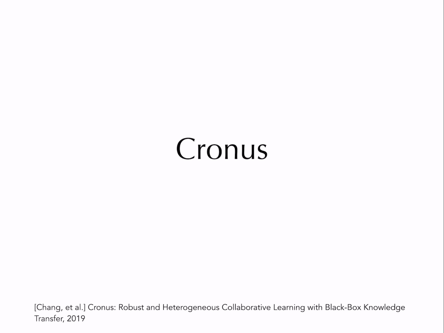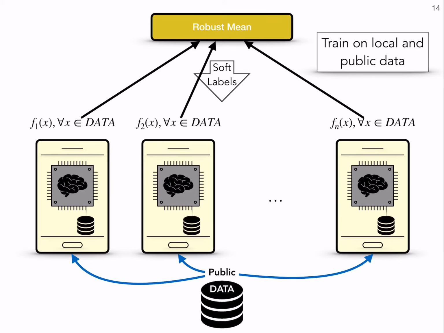I'm going to talk about another simple knowledge transfer algorithm, which is more robust against the attacks. So the idea is that instead of sharing the model parameters, the participants share their predictions on an unlabeled public data.